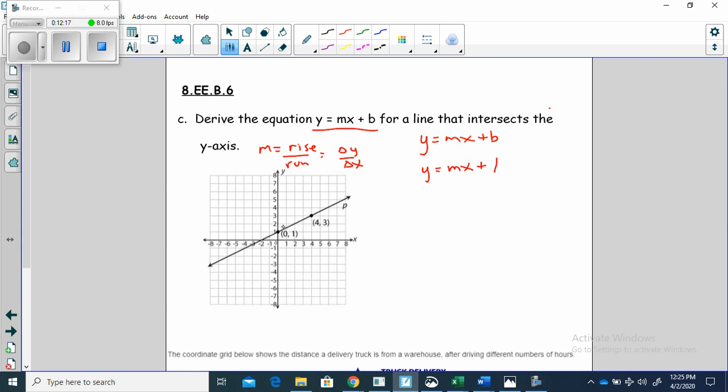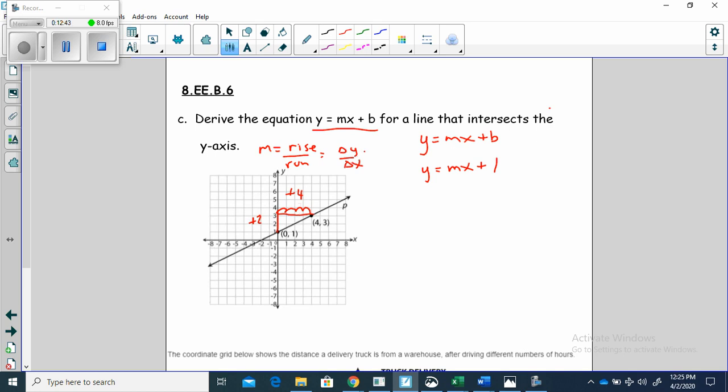Okay, here's one point, here's another. Let's draw our right triangle. See, that's a right triangle. It's right on the grid lines. Now, here's the y-axis. Our change in y, or our rise, would be going up 2. We're going up 2. And then I'm going over 1, 2, 3, 4.